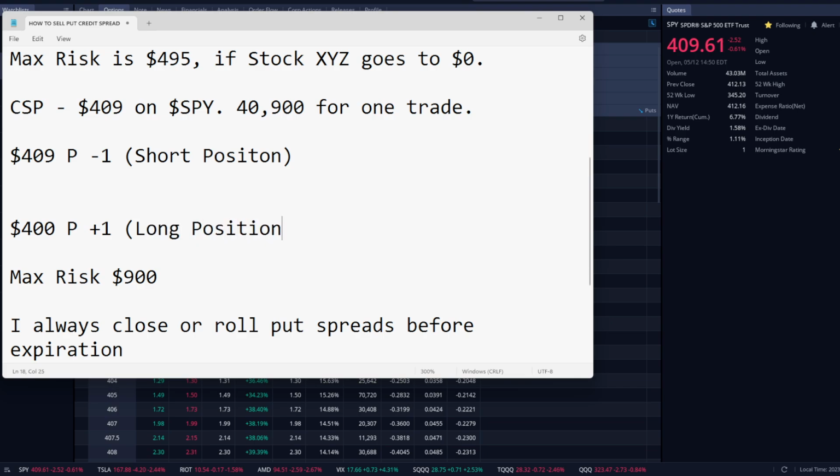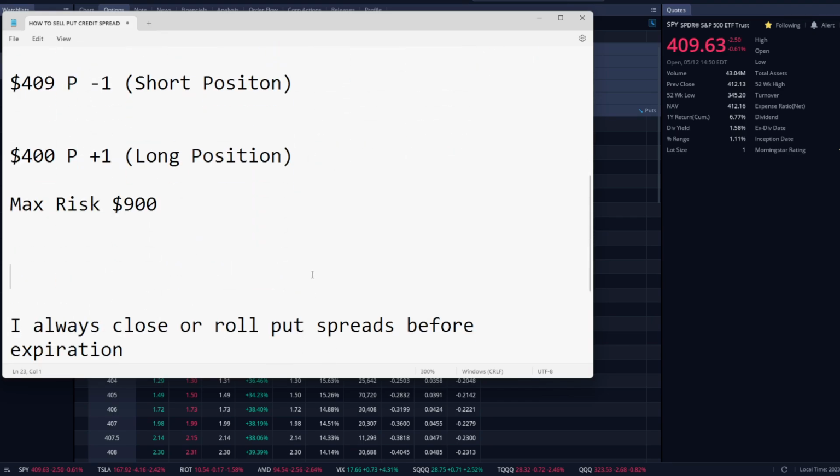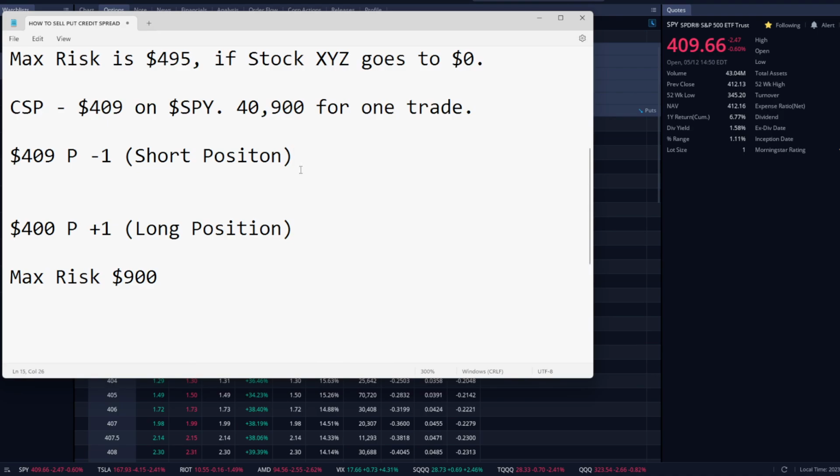Originally on the platform, it's going to say your max risk is. So let's just do that. Sorry if I'm over analyzing this. Let's say we sold this, and I'm going to show an example on the Webull platform in a second. And this was $2.99. Actually, let's say it's $1.99. I don't know, something like that. The difference between those two is 400?